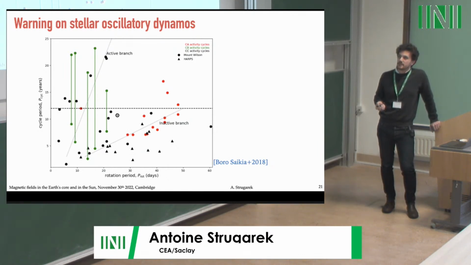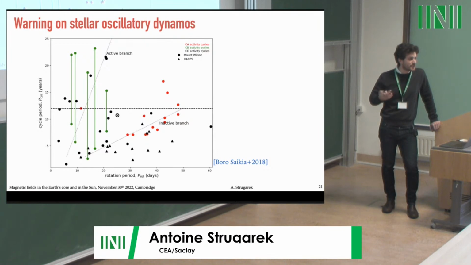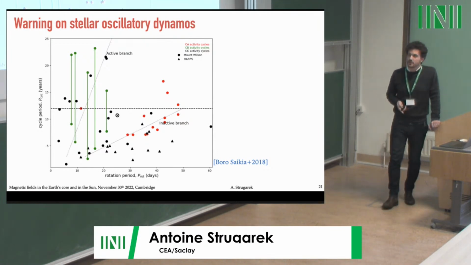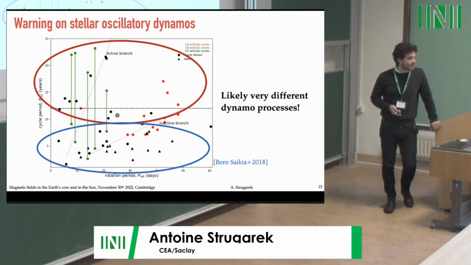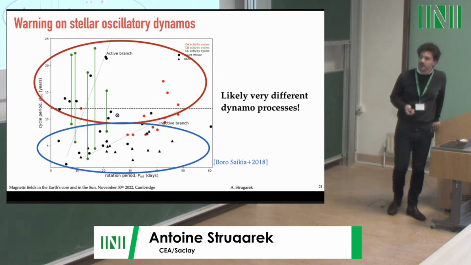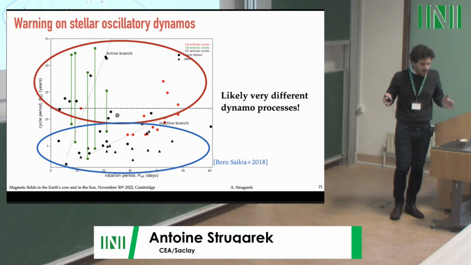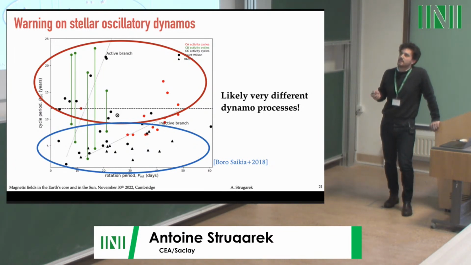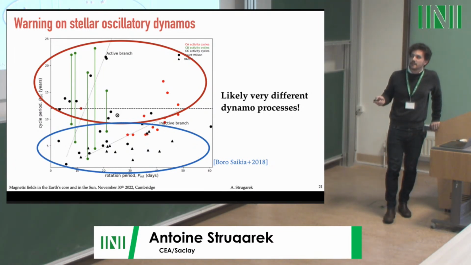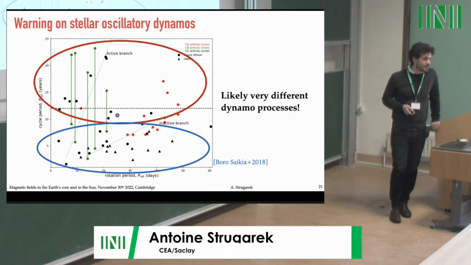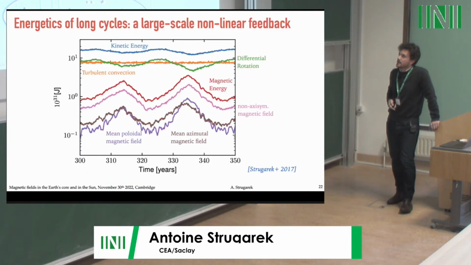If these models have some relation to stars, you can have very different cycles at different locations, not necessarily associated with an inversion, so maybe you should not compare all of this, right? How do you know which one is the same as the sun, where you have a nicely correlated activity tracer with the long-term cycle, and whether all these have anything to do with the 11-year solar cycle? So that's just a word of caution here.